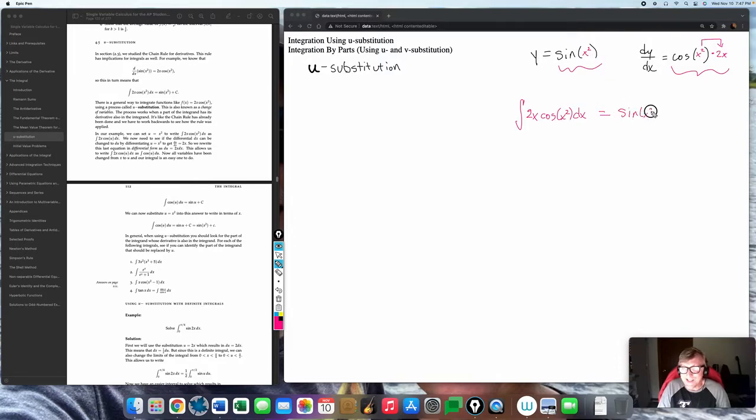Remember, this is an indefinite integral, so indefinite integrals have to have the arbitrary constant on the end, the general antiderivative. So the idea of U-substitution is that it allows you to figure out this reverse derivative technique, kind of like undoing the chain rule.